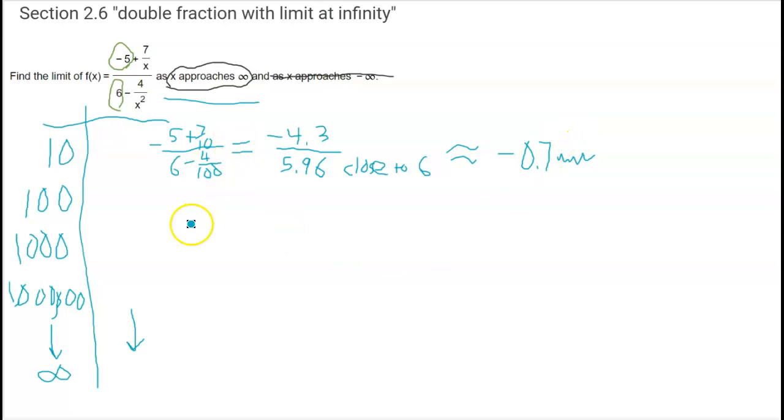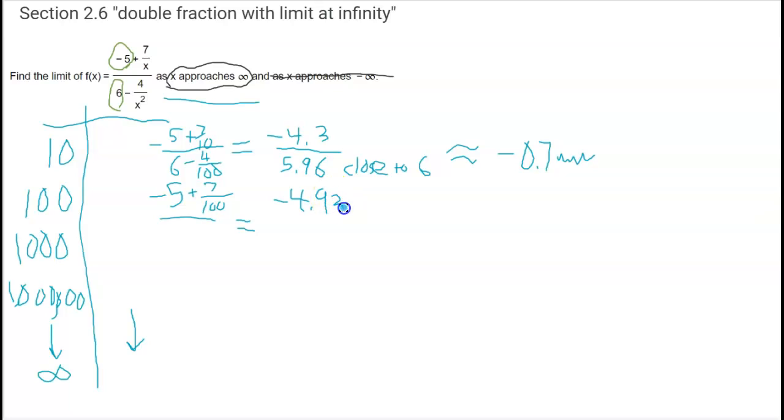Next, let's see what's going on. The -5 stays the same, but now when we use 100, it's +7 over 100. Hundredths is a lot smaller than units. Why don't we convert the top right now while it's on our mind? -5 plus 7/100ths is -4.93.